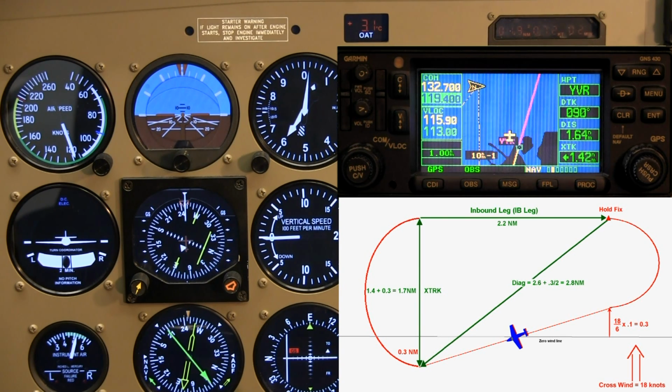As I fly along, I monitor the cross-track and diagonal distance. I will turn inbound when the diagonal distance is 2.8, and I need a cross-track of 1.7.